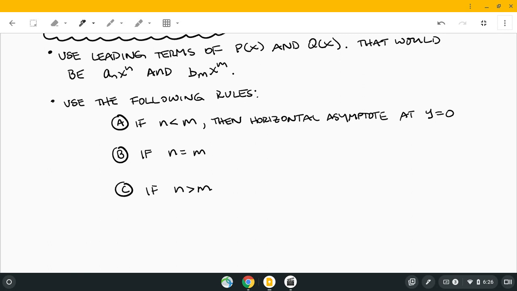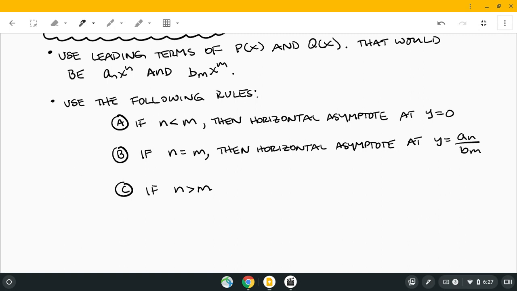All right, if n equals m, so if they're both the same degree, so if you have x squared on top and x squared on the bottom, then you have a horizontal asymptote at y equals the leading coefficient over the leading coefficient.